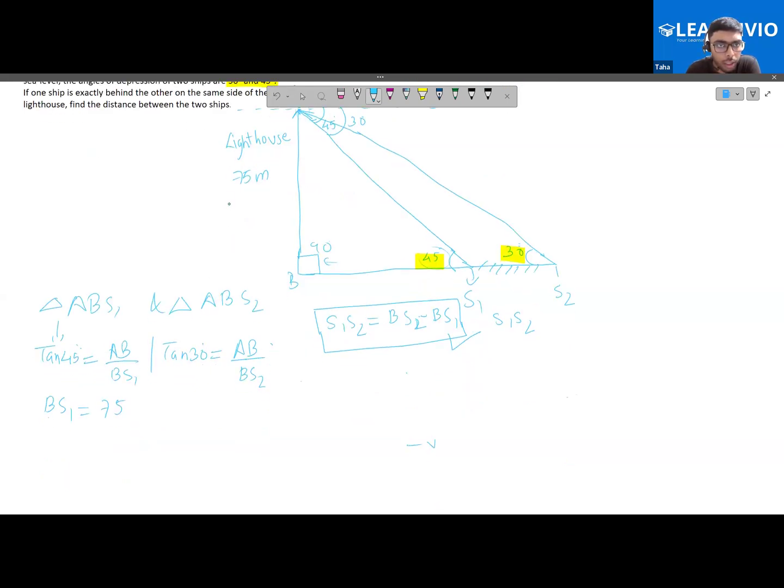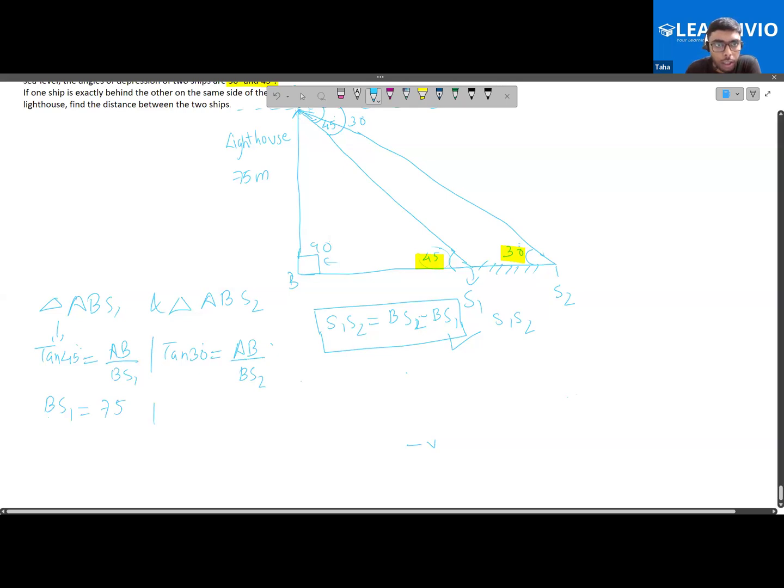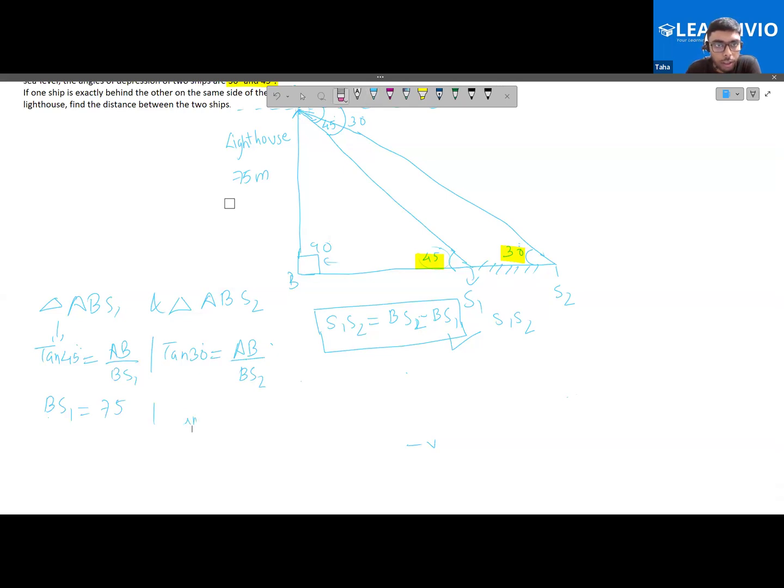And this would be 1 by root 3. So BS2 is equal to 75 root 3. So S1S2 would be 75 times (root 3 minus 1). Okay. This would be the distance.